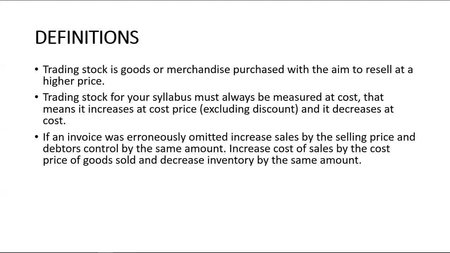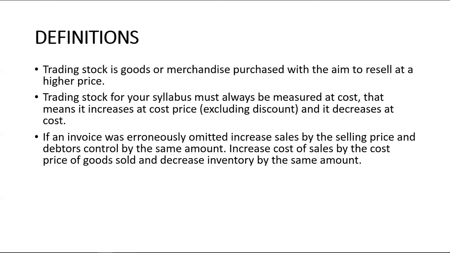If an invoice was erroneously omitted, you will need to increase sales by the selling price and debtors control by the selling price. And then you will increase cost of sales. Remember, cost of sales goes up whenever we sell goods. You will increase cost of sales at cost price, and then you will reduce your trading stock at cost price.